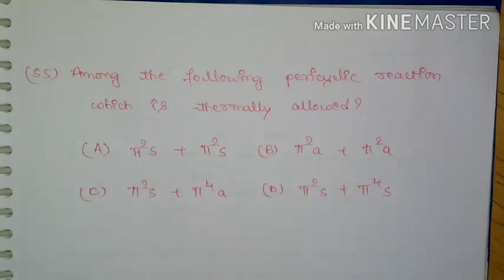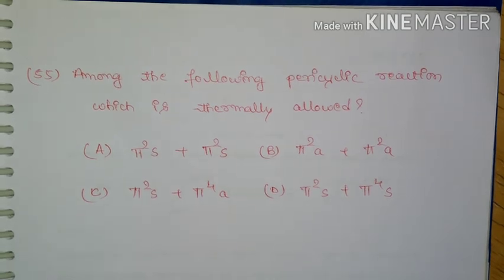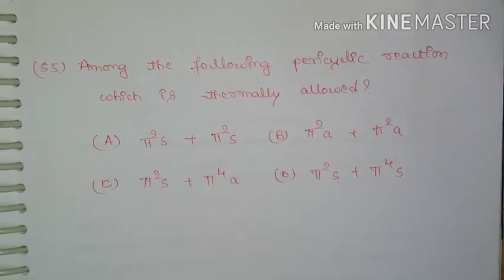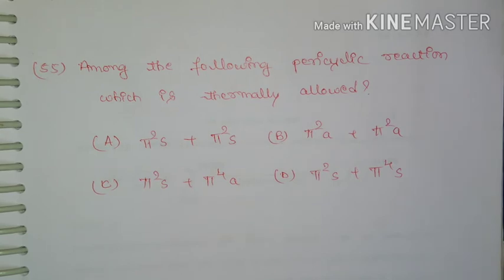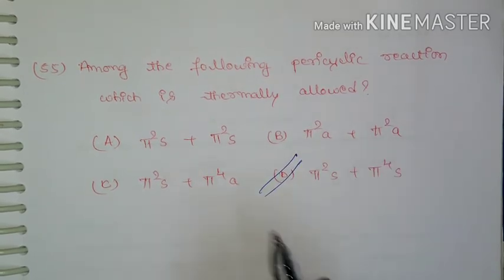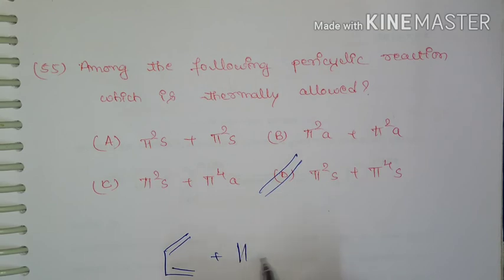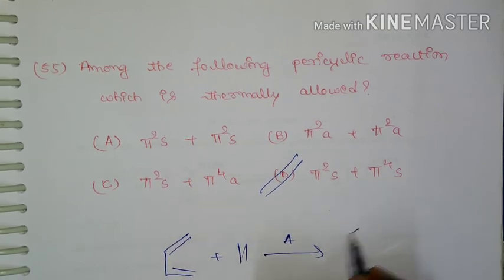The 55th question: among the following pericyclic reactions, which is thermally allowed? This is also a pericyclic reaction question, and option D is correct. It is one more way of asking the Diels-Alder reaction, a simple Diels-Alder reaction, thermally allowed.